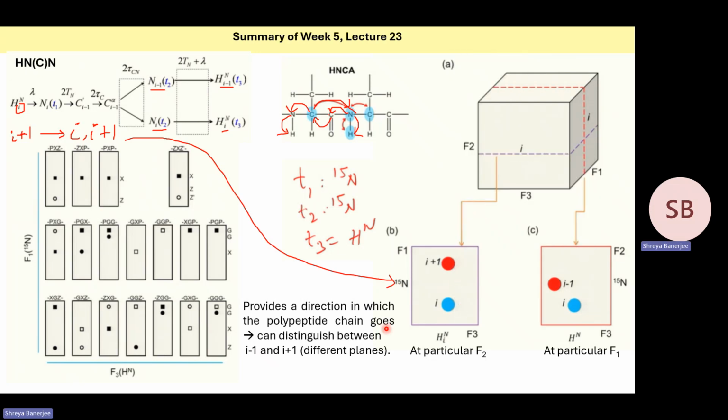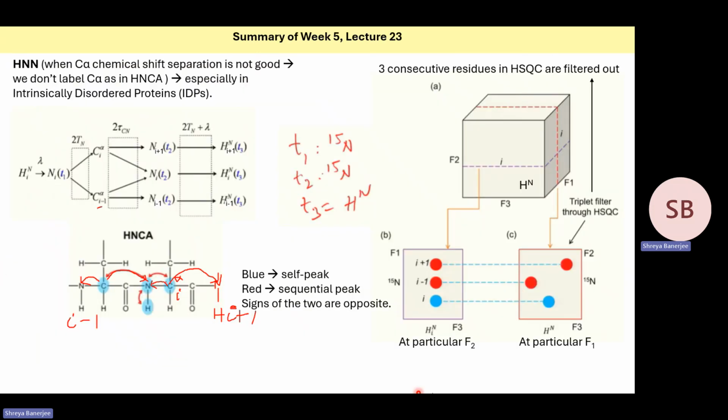So how this is helping is that it is helping you understand the direction in which the polypeptide chain is going. In the previous case, you know that out of these two red peaks, one is I plus 1, one is I minus 1. But which one is I plus 1, which one is I minus 1, you cannot distinguish.